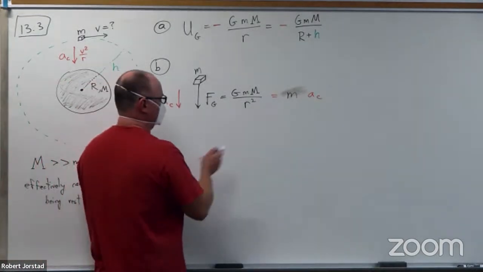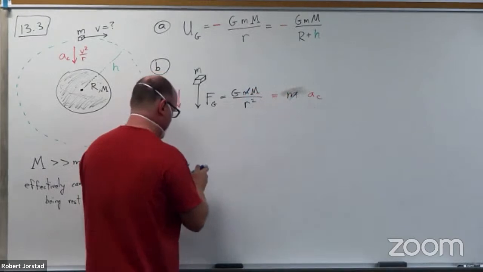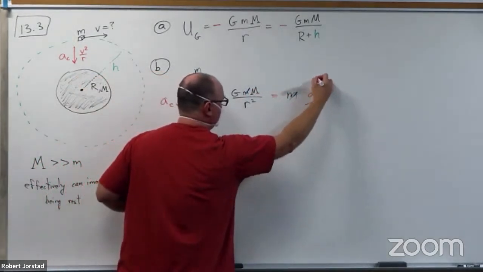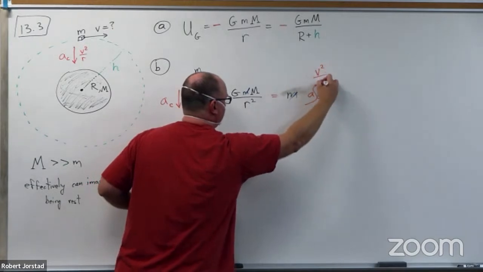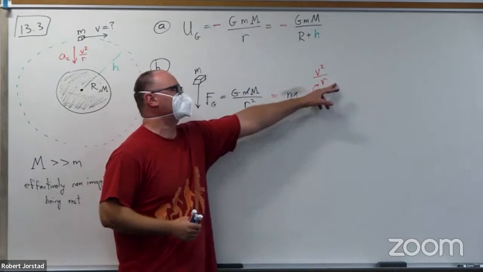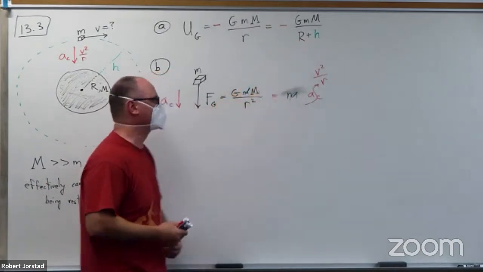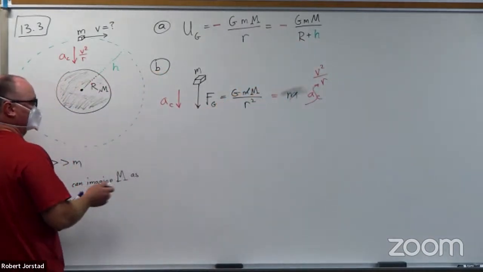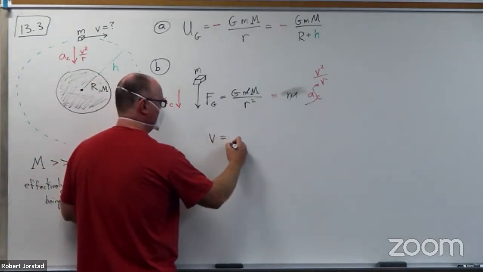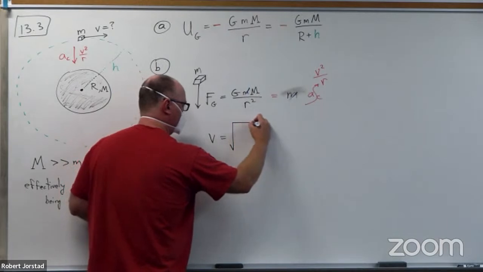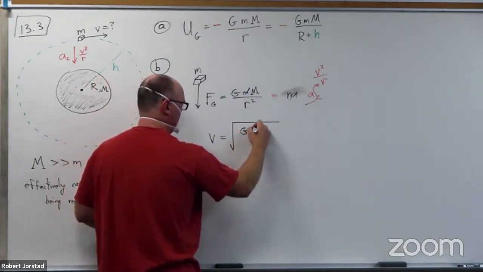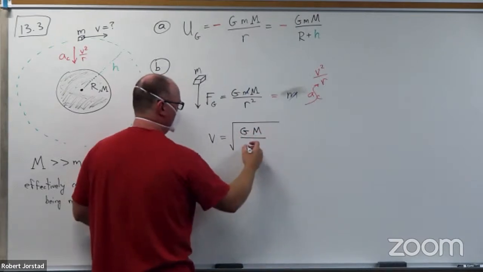So that is going to cancel out. And I get, notice it's kind of handy to leave it in terms of little r, and then only at the last step do we plug in big R plus h. So let me see what I get for V. Square root of G M over little r.